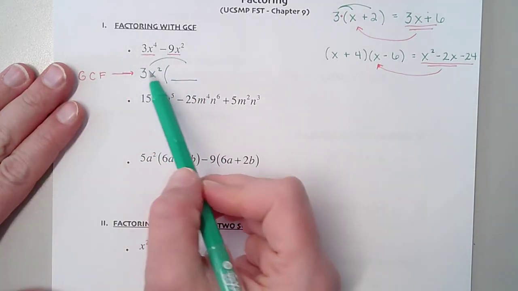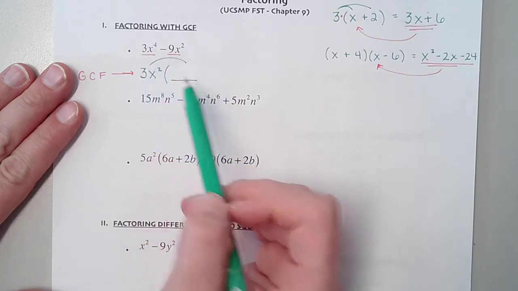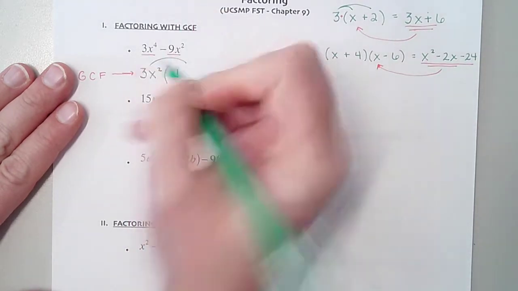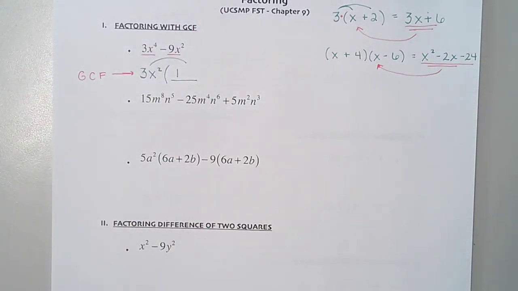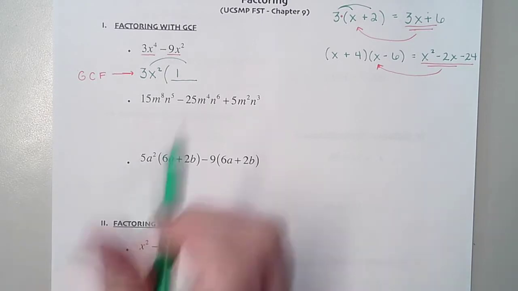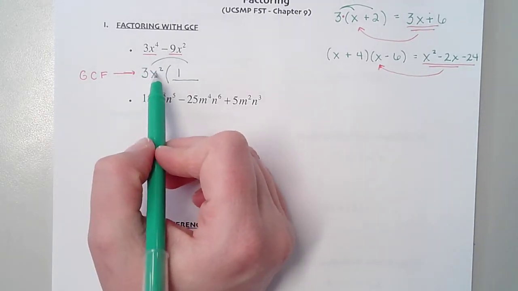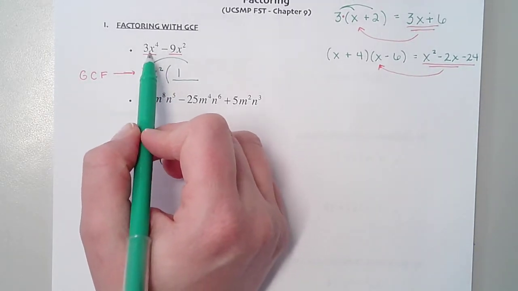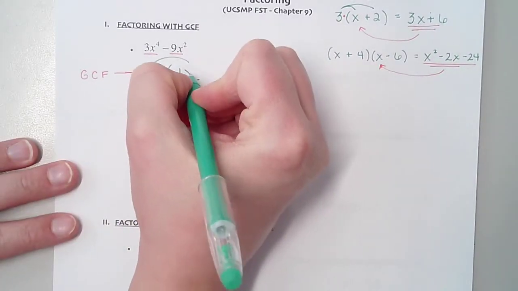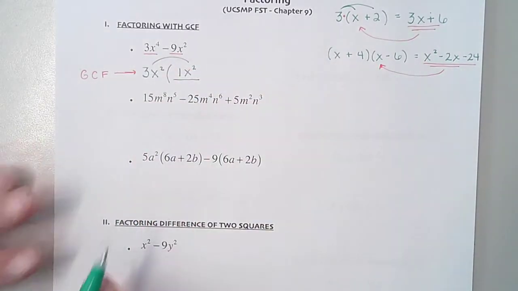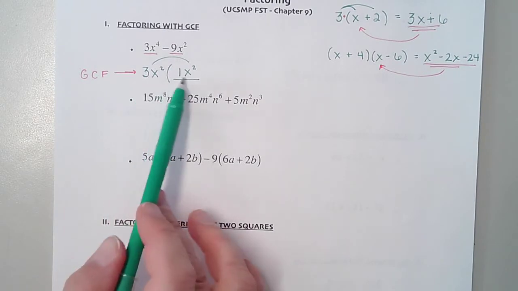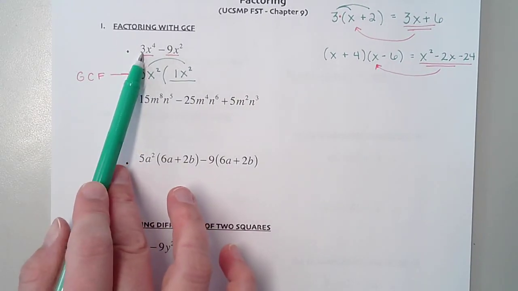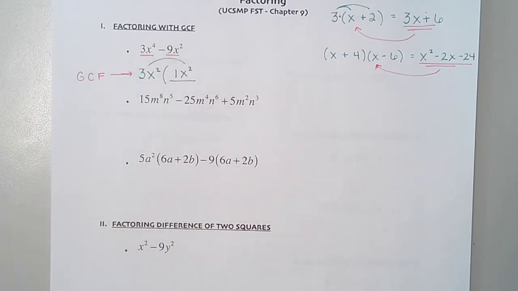Well, 3 times 1 makes 3, so really this is a 1 here. You wouldn't technically have to write that 1 there, but it's a good habit to get into. And then if I'm pulling out an x squared and this was an x to the fourth, there would be x squared left here. So just think to yourself, 3x squared times 1x squared would give you 3x to the fourth back.